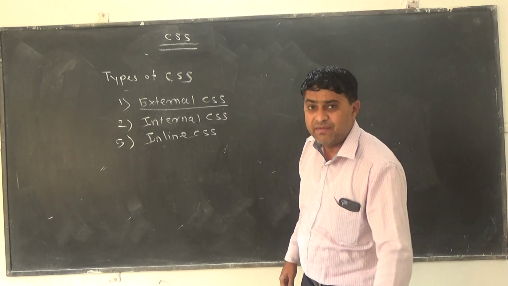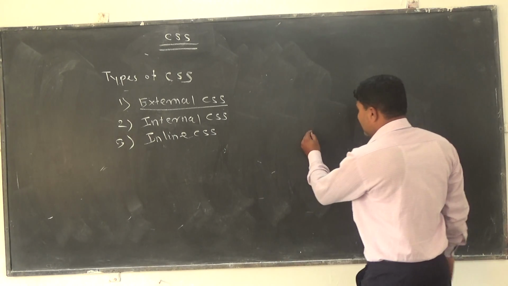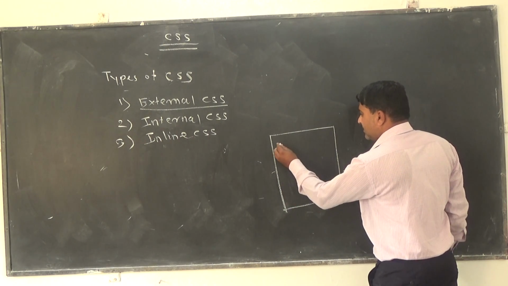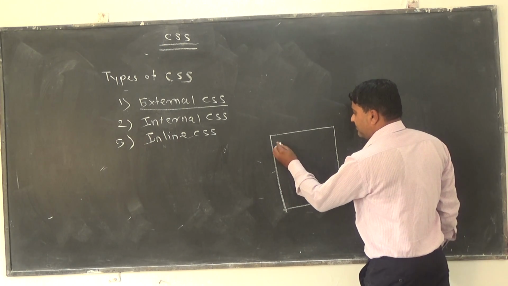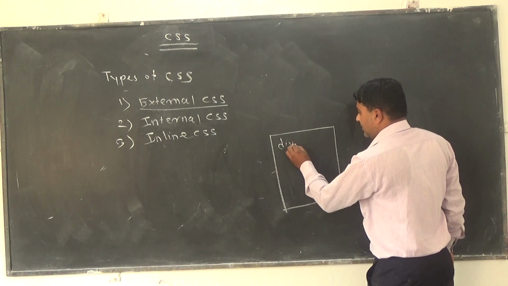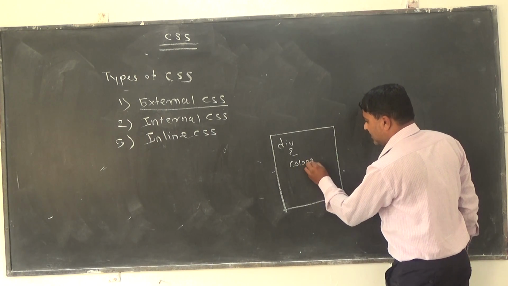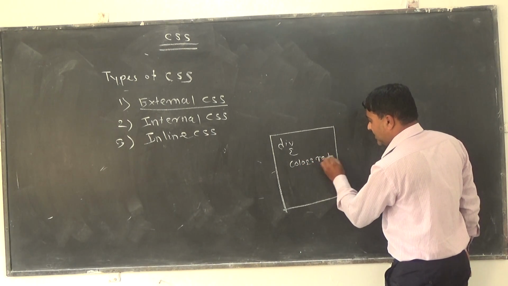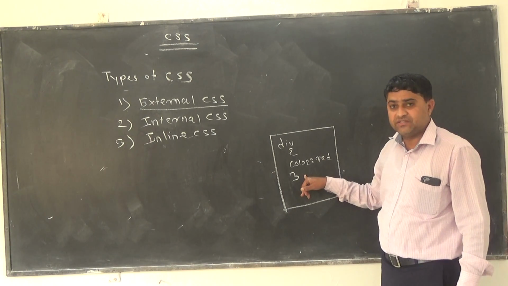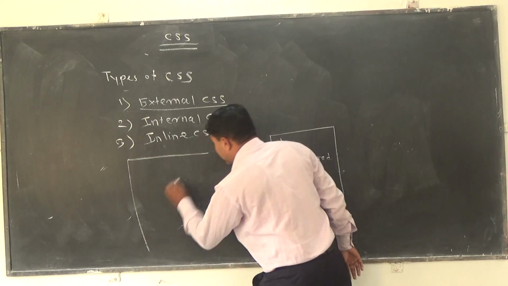Now we'll see the example of how we can apply the CSS. External CSS. For example, this is your external file. There is a div tag, and in that the color property and red, and closing this external CSS. We apply this external CSS to the HTML document.